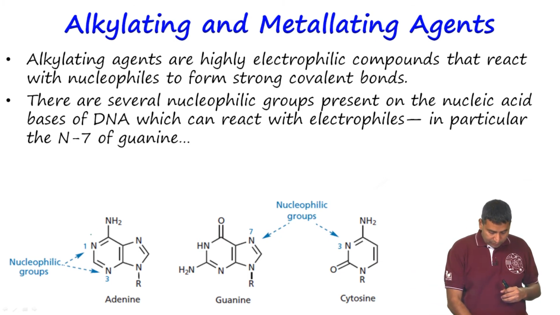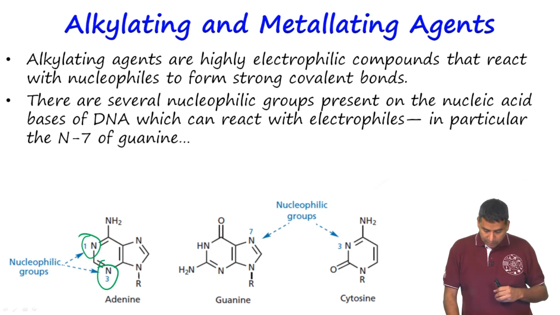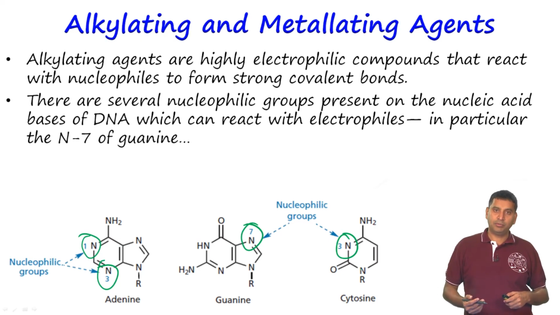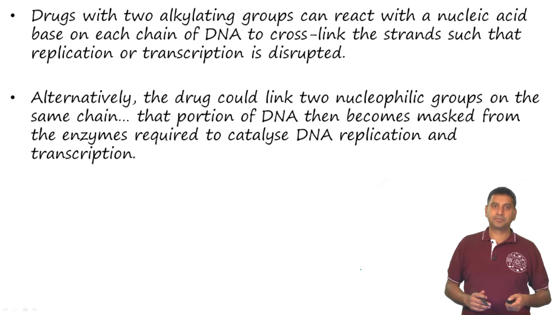So, you have adenine, it has 2 of these which are nucleophilic. Guanine has this nitrogen which is quite nucleophilic, and cytosine again has this nitrogen which is nucleophilic. And now, N7 of guanine, for example, is highly nucleophilic and it acts as an excellent nucleophile with certain alkylating agents.